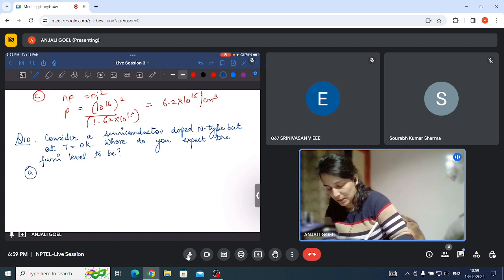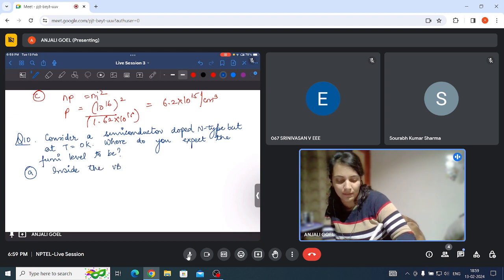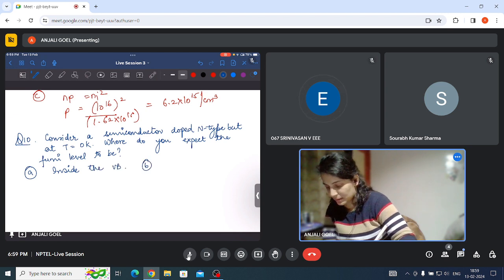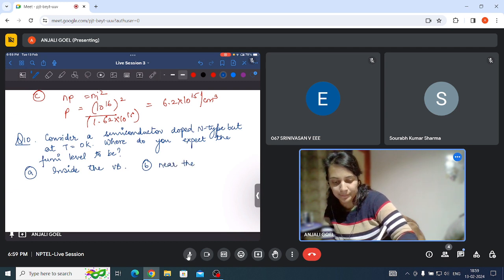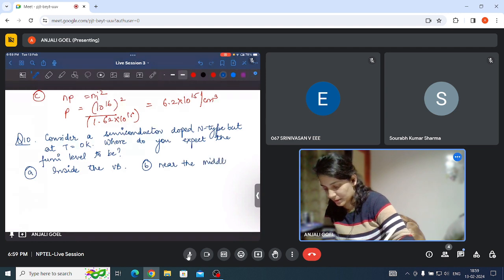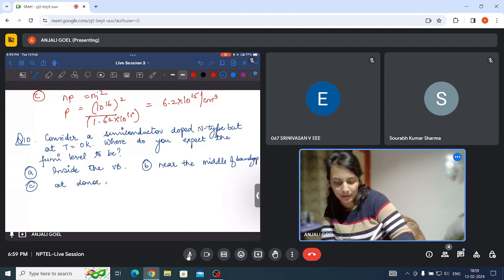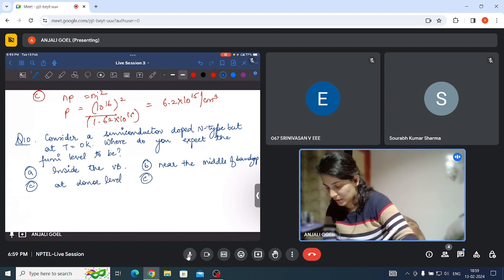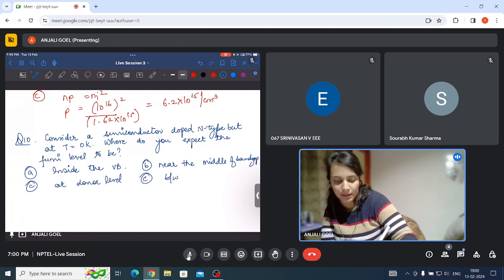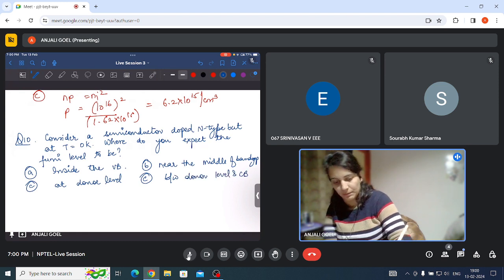So your options are: A, inside the valence band; B, near the middle of the band gap; C, at donor level; or D, between donor level and conduction band.